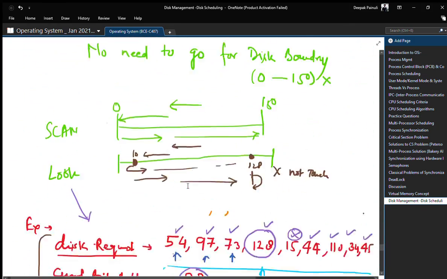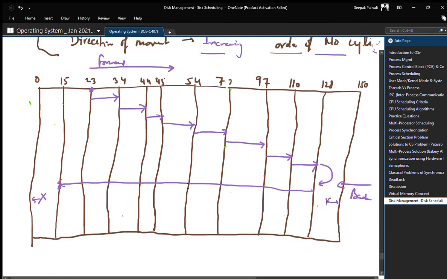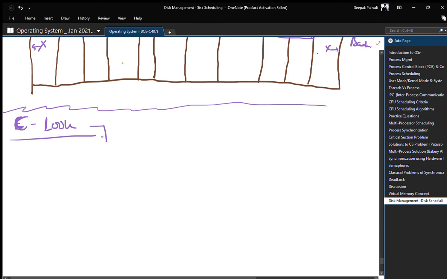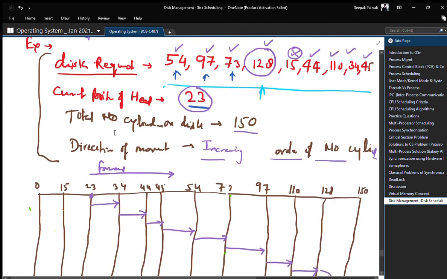Now let us go for our second algorithm, which is C-LOOK, oh sorry, C-LOOK. Okay, we'll use the same example, right?